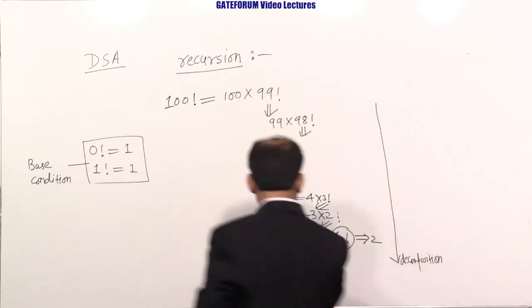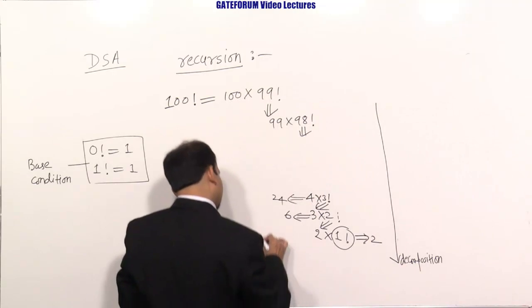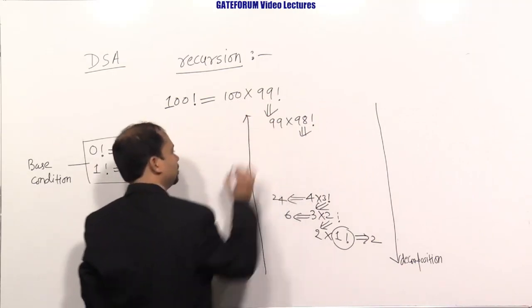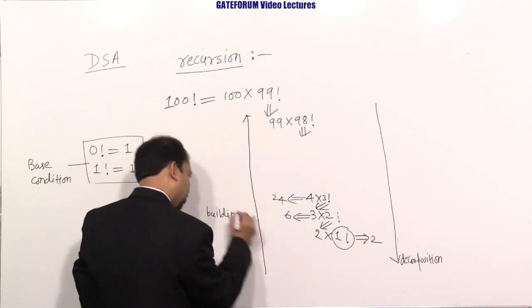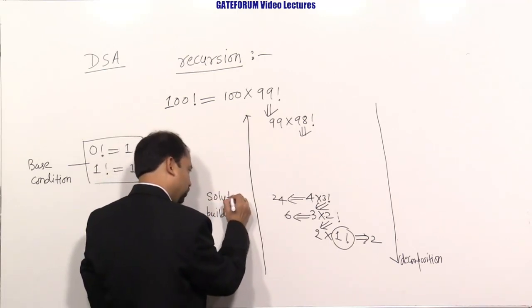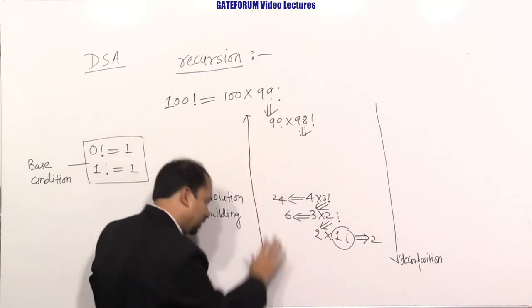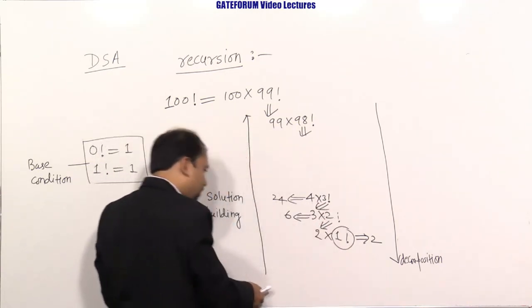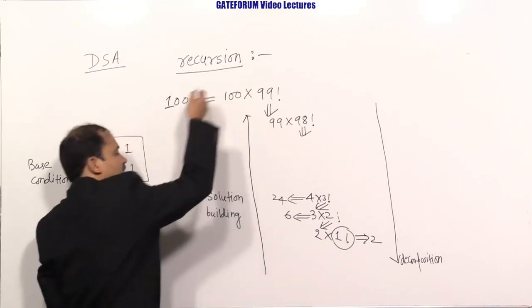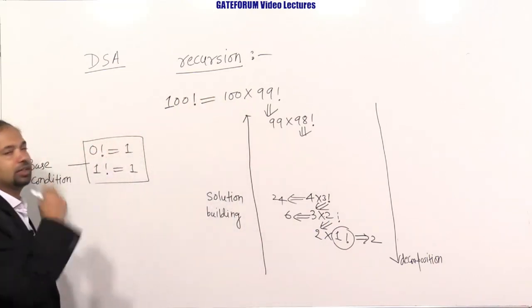Top to down is decomposition, and bottom to top is solution building. First decomposition will continue, and then when we stop, from bottom to top we will have a solution. This is the idea of recursion.